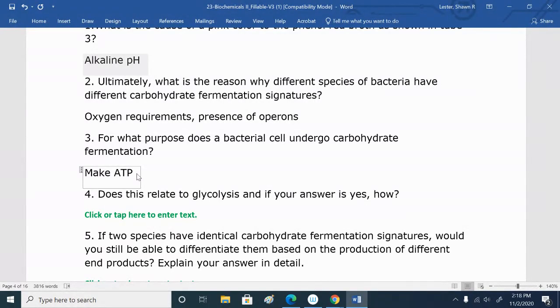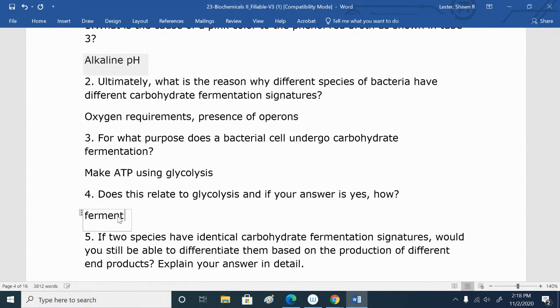And again, using glycolysis. And so that helps to answer number 4. Does this relate to glycolysis? Of course, right? Fermentation uses glycolysis, right, to start the process.